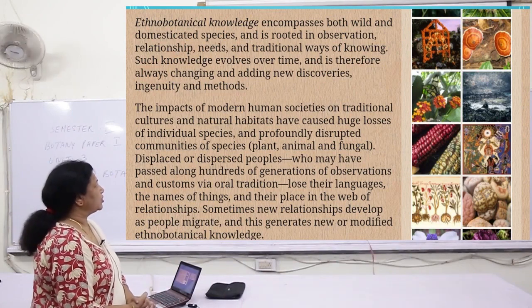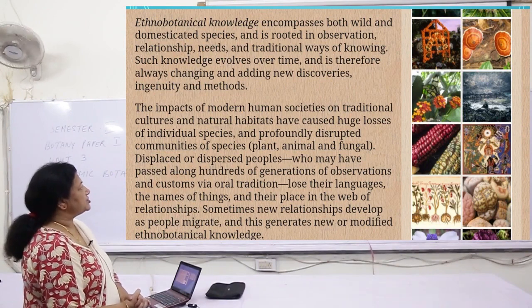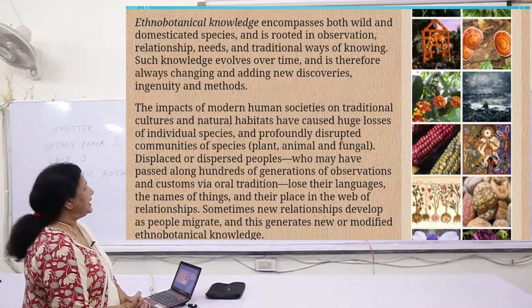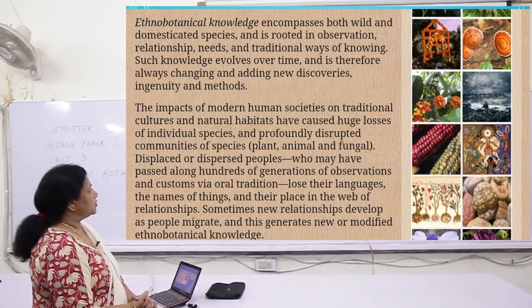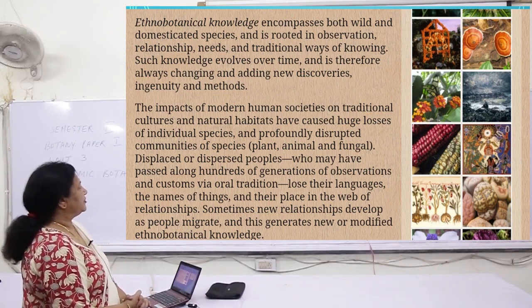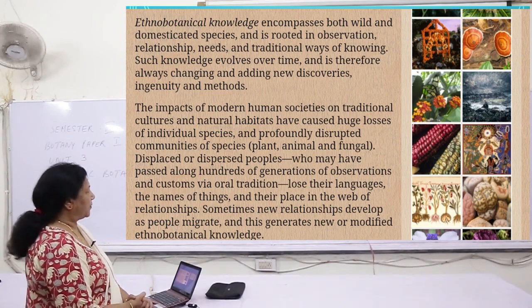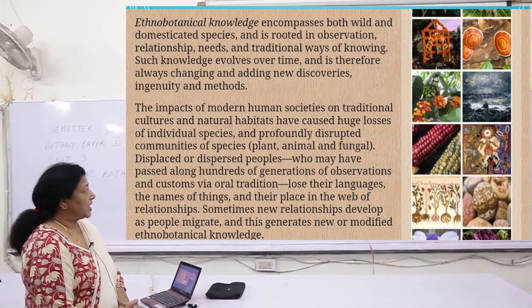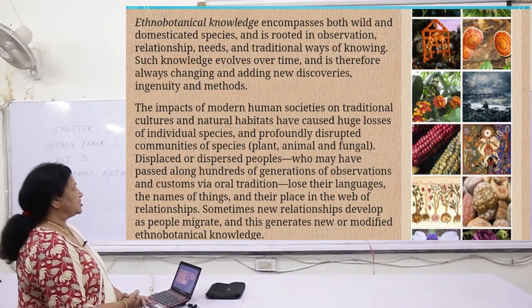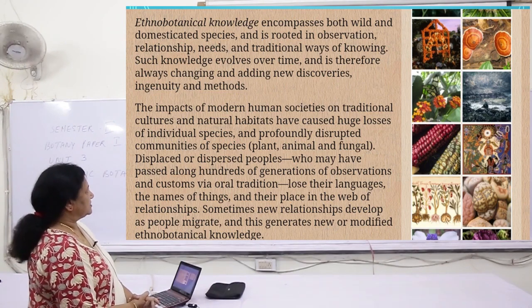Now, ethnobotanical knowledge, what does it deal with? Ethnobotanical knowledge encompasses both wild and domesticated species and is rooted in observation, relationship, needs and traditional ways of knowing. Such knowledge evolves over time and is therefore always changing and adding new discoveries, ingenuity and methods.